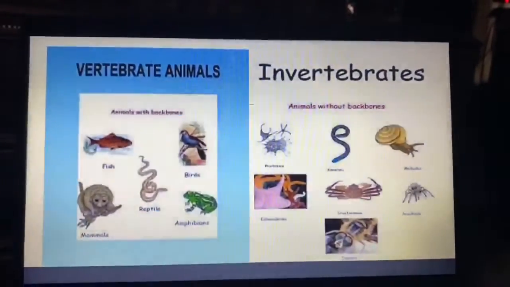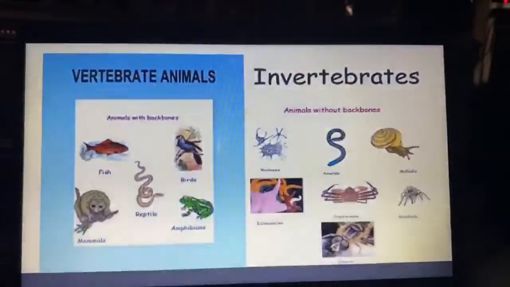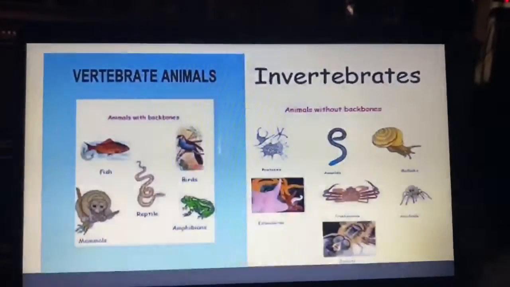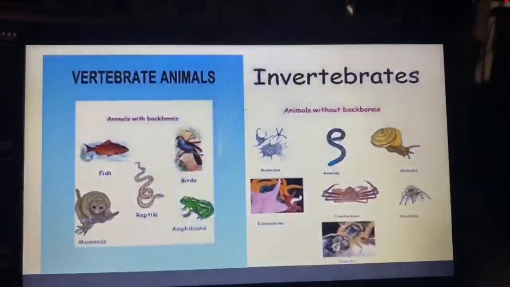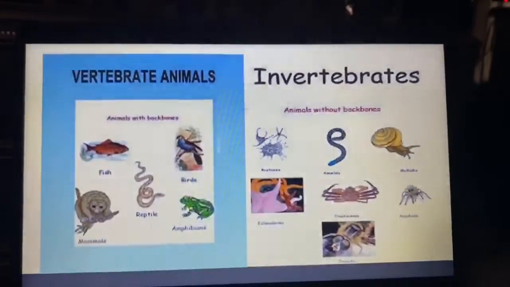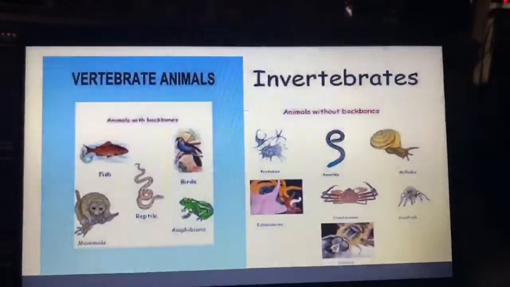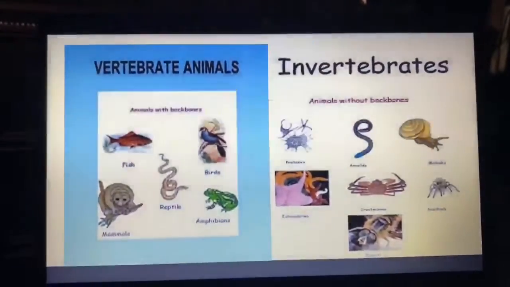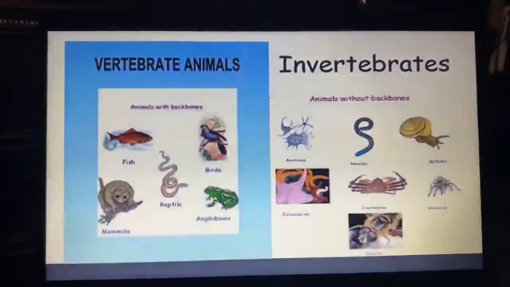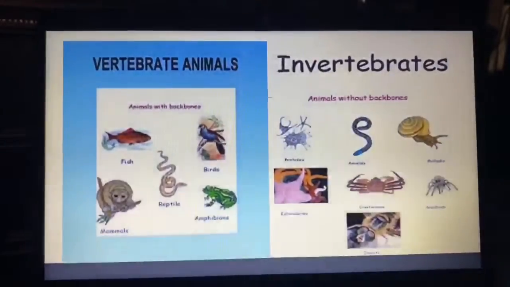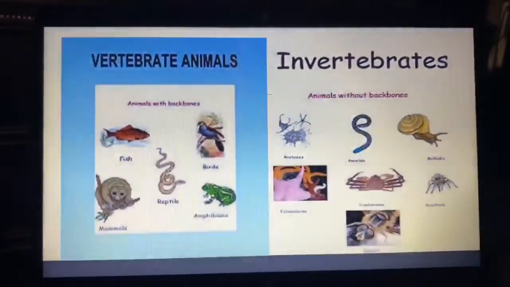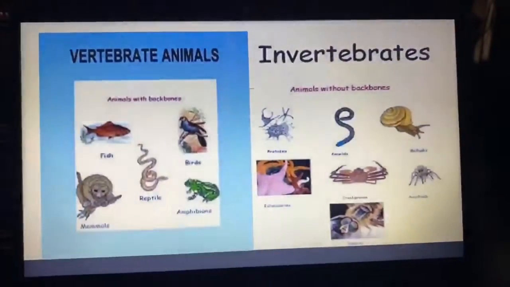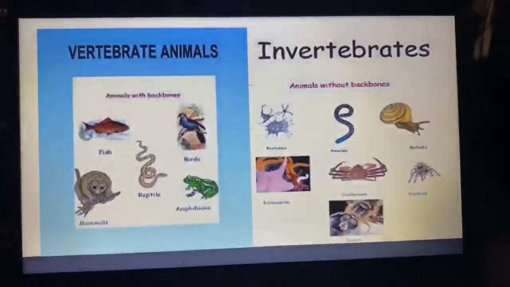So a vertebrate, as I said, was what, boys and girls? Correct. Has a backbone. And an invertebrate, what? It doesn't have a backbone. So as you can see, we have some groups of animals that we already see. We've got fish, mammals, and reptiles for the vertebrates. For invertebrates, we've got worms, spiders, and insects.